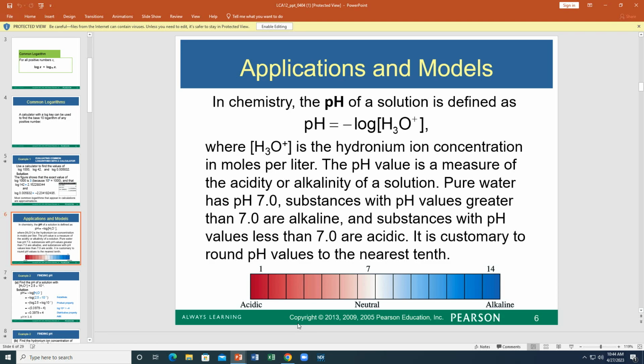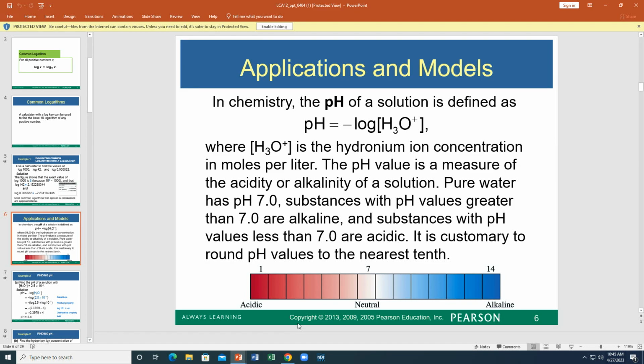So now let's talk about the application, okay? So now the pH of a solution is defined by using this formula. The pH is negative log of hydronium ion concentration in moles per liter. Okay? And if the pH is greater than 7, I'm sorry, okay.